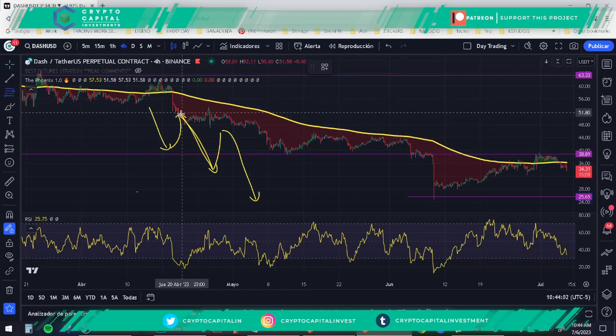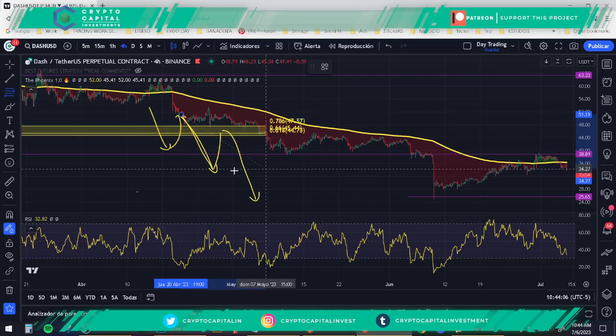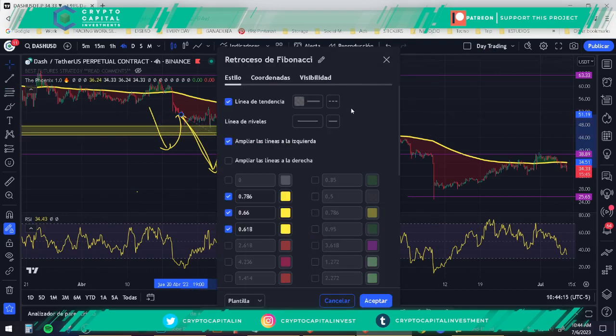So what you want to do is to look for that, set up your first tool here, and then you have this area.